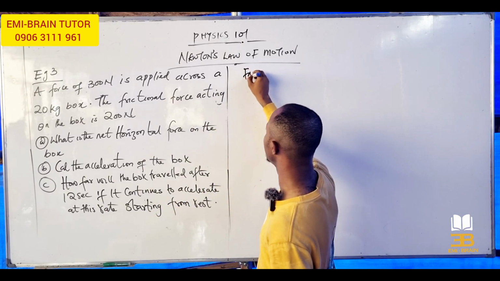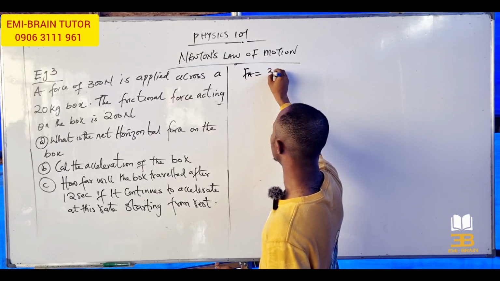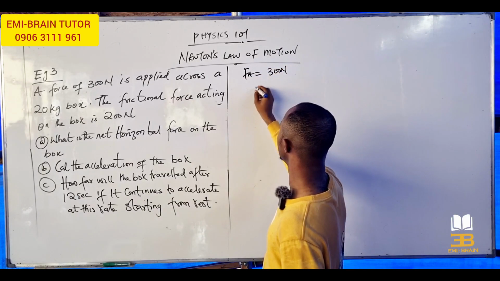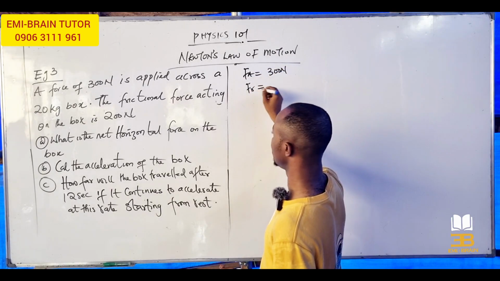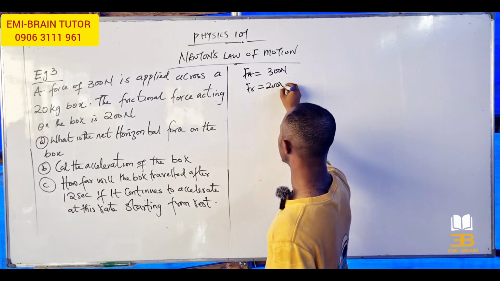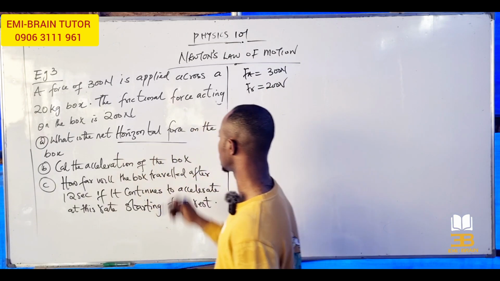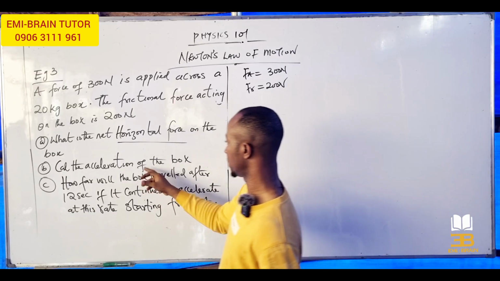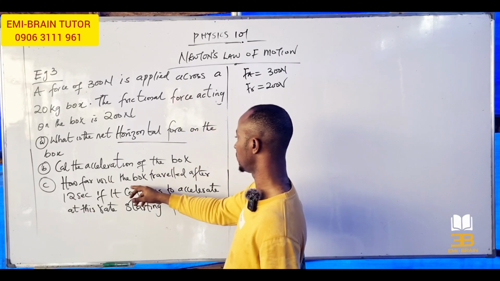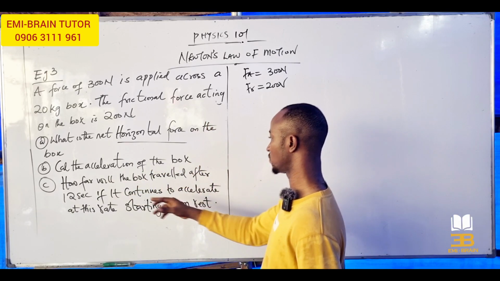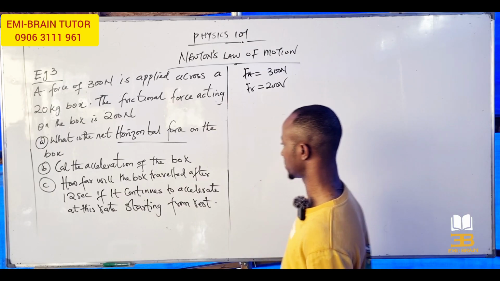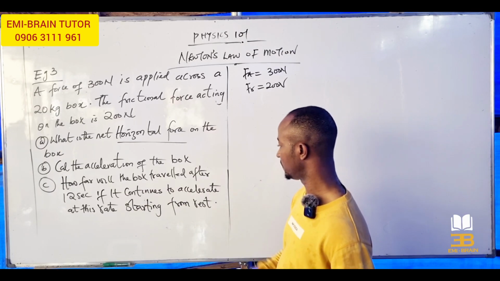The force applied is given as 300 Newton. The frictional force is given as 200 Newton, right? Okay, we have to find the net horizontal force on the box, calculate the acceleration of the box, and how far the box will travel after 12 seconds if it continues to accelerate at this rate, starting from rest.